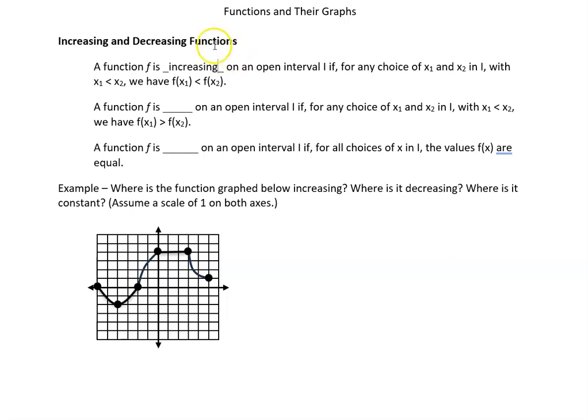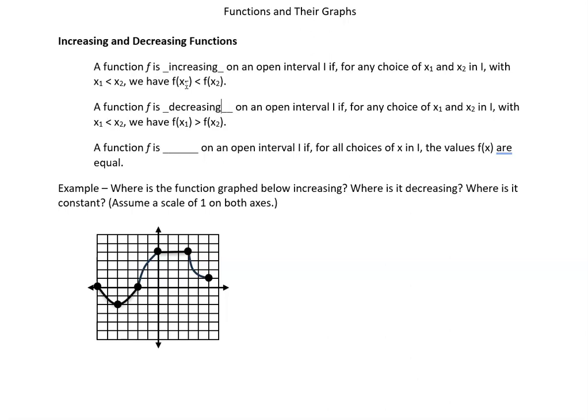On the flip side of that, we say that a function f is decreasing on an open interval I if for any choice of x1 and x2 in I, with x1 still being less than x2, we have f of x1 being greater than f of x2.